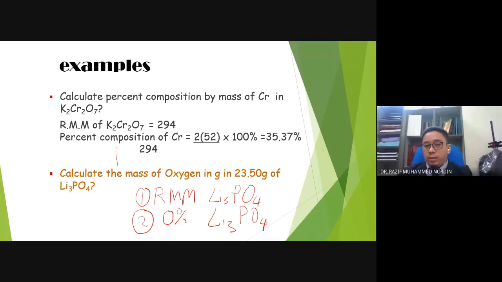Dan yang ketiga tu, baru dah you boleh calculate mass of oxygen. Dapat? Exercise ni you boleh buat sendiri ya. Saya continue ya.